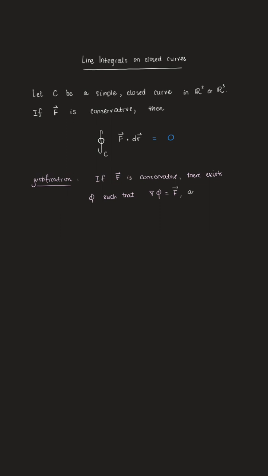And by the fundamental theorem of line integrals, we know that the line integral over a curve of a conservative field is equal to the potential evaluated at one endpoint of the curve minus the potential evaluated at the other. We saw this in the last video, that conservative fields have path independence.